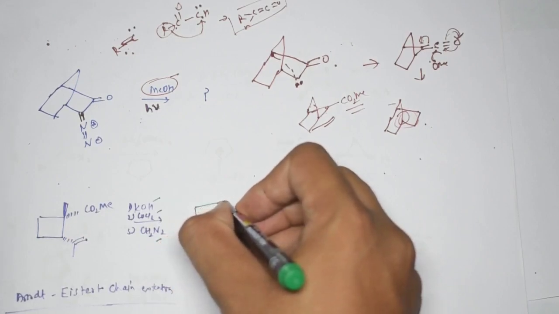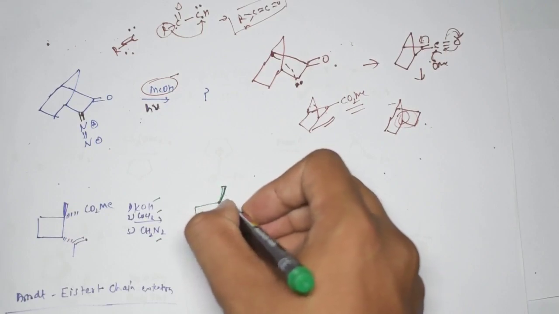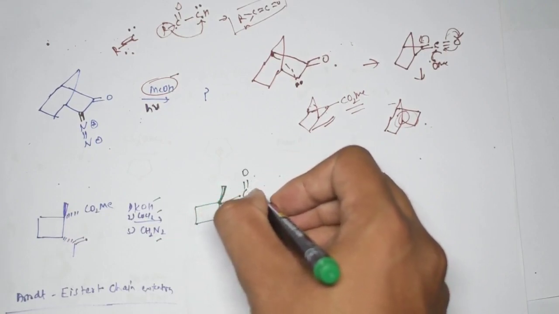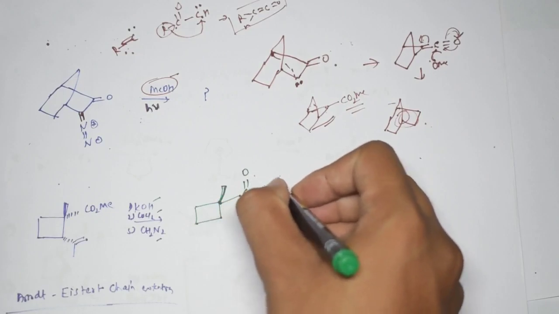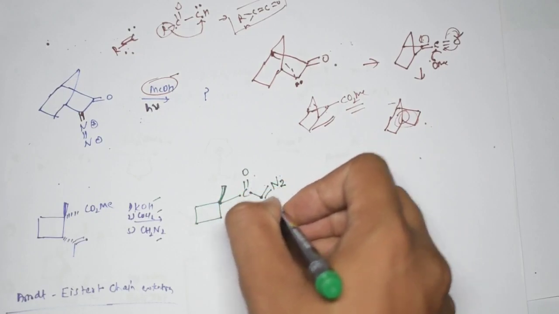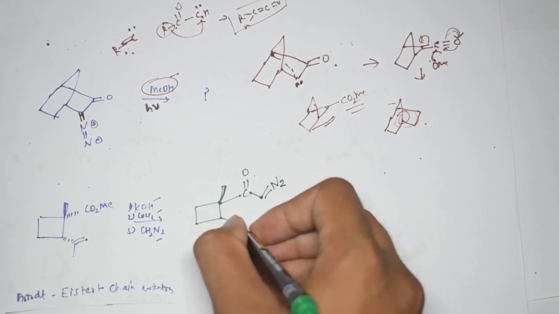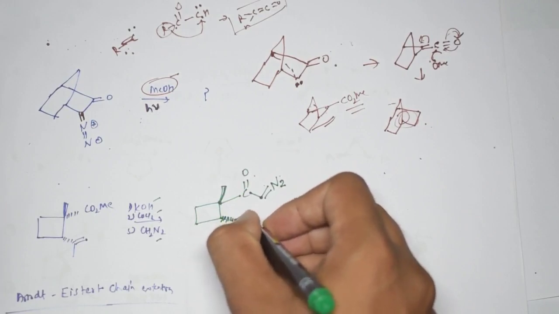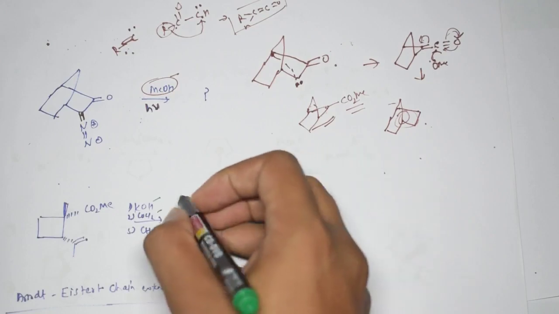Let's take this one and this, and we will have C double bond O, and here we will have double bond N2, and this is below the plane, so I should write like this, and this double bond and this one, right.